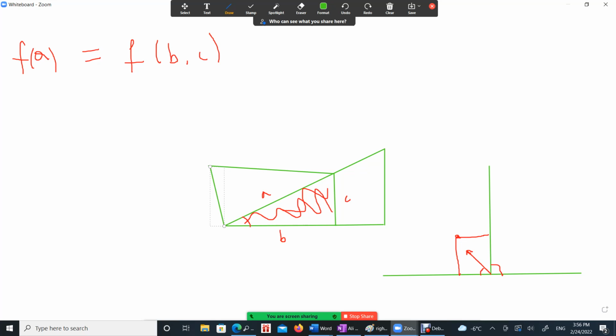So the area considered by this triangle would include both of these lines and this line.